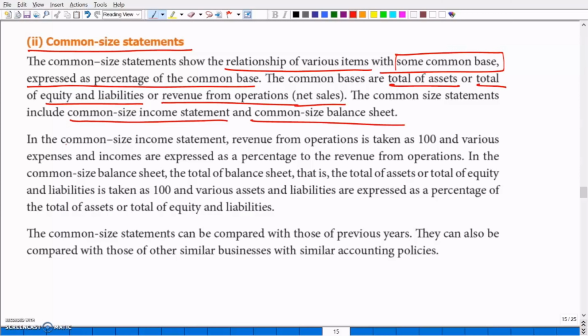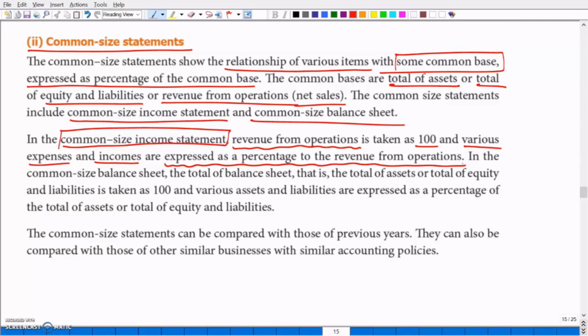Look at this. In common size income statement, what do we take as base? Revenue from operations. In common size income statement, revenue from operations we take as 100. Whatever be the amount, that will be equated to 100. Then automatically all other expenses and all other incomes will be expressed as a percentage of revenue from operations.